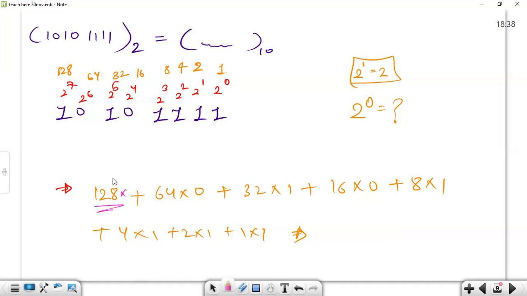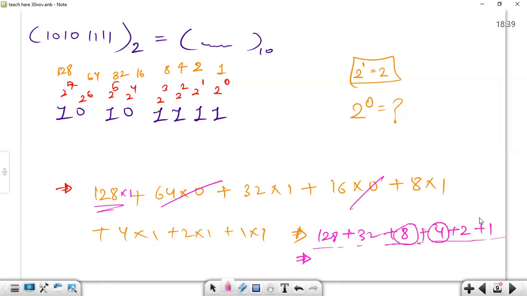128 into 1, so 128 becomes this. This becomes 0. 32 becomes 0 plus 8, 4 plus 2 plus 1. Please help me when I do any calculation. Let's say 2, 4 becomes 12, 12, 3.